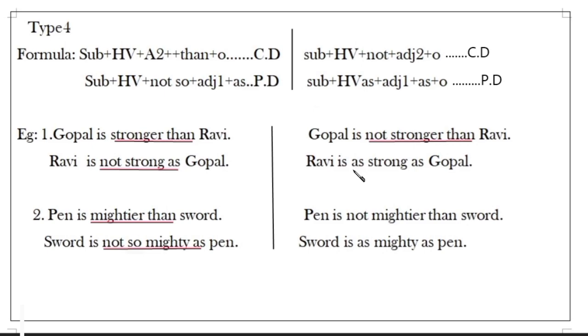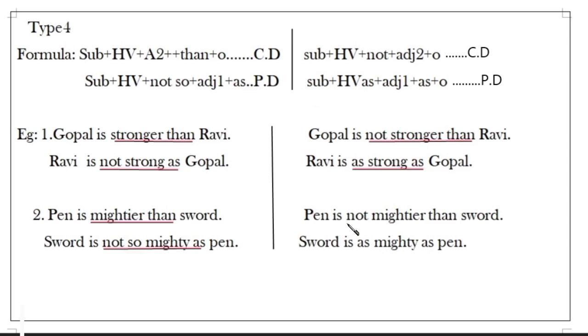Ravi is as strong as Gopal. Only a comparison between two. Ravi is as strong as Gopal. The comparative is in negative form, so the positive degree is written in positive form. Another example. Pen is not mightier than sword.